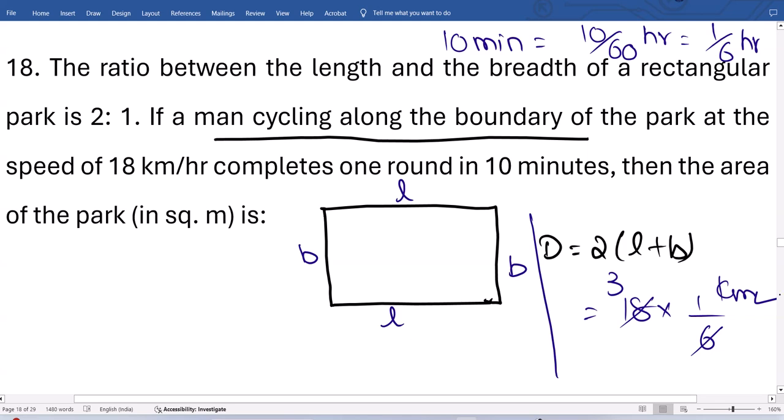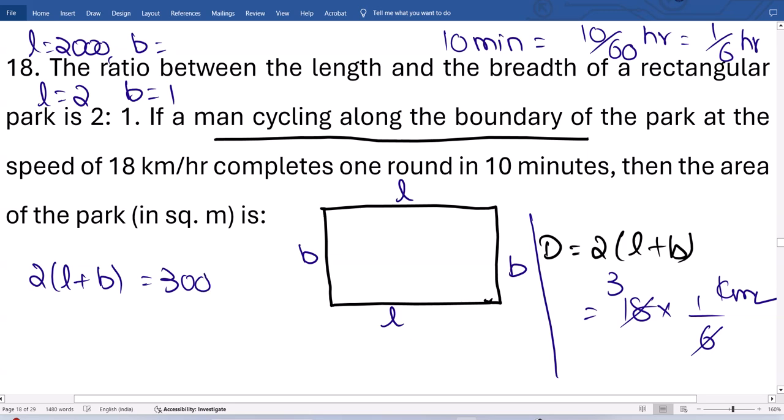Now, length is 2 kilometers, breadth is 1 kilometer. Length is 2000, breadth is 1000. Sorry, wait. This is twice (L plus B), right? Twice (L plus B) is 3000.